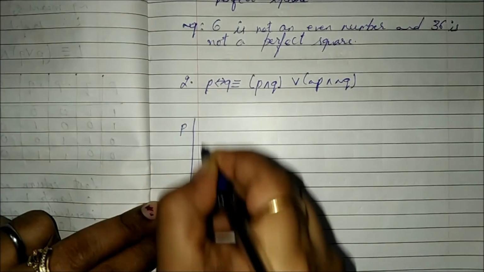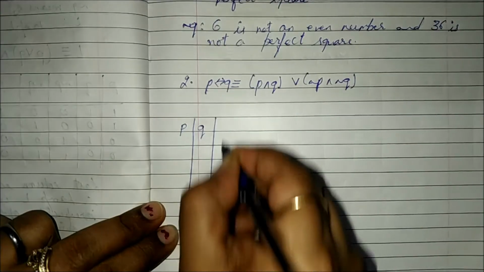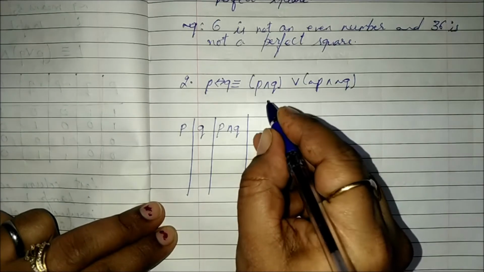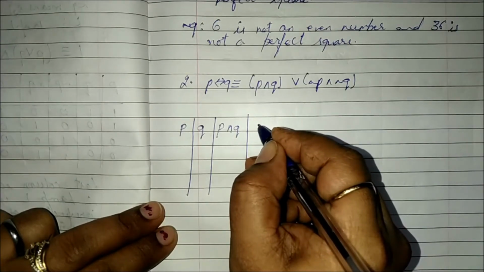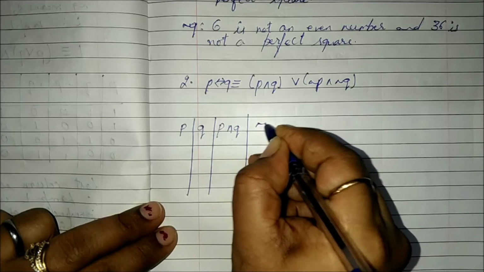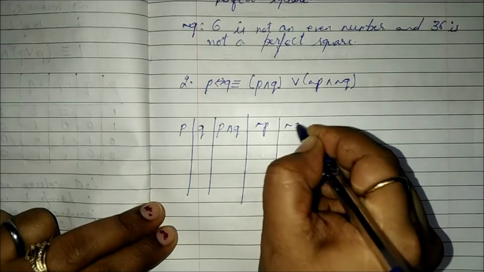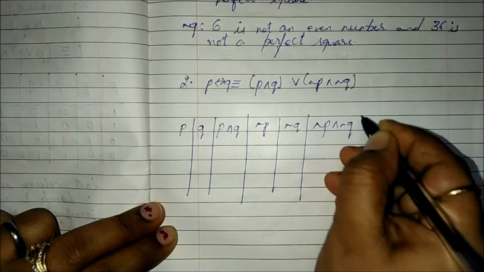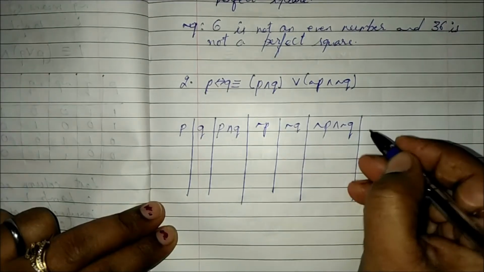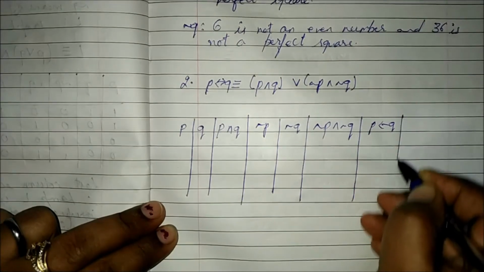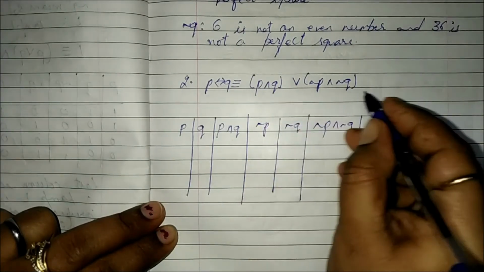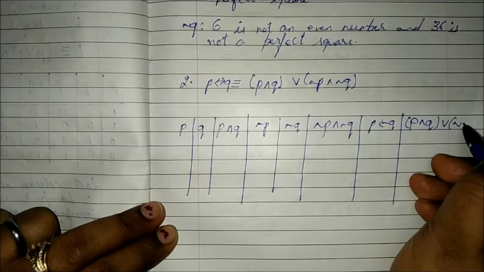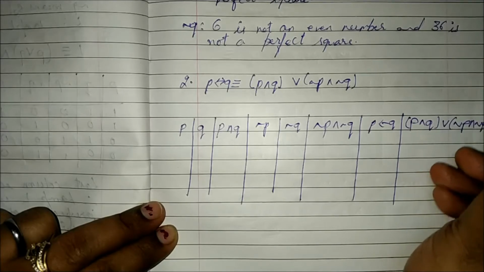P, Q, P and Q, then not P, not Q, not P and not Q, P double implies Q. At last this whole P and Q, or not P and not Q.